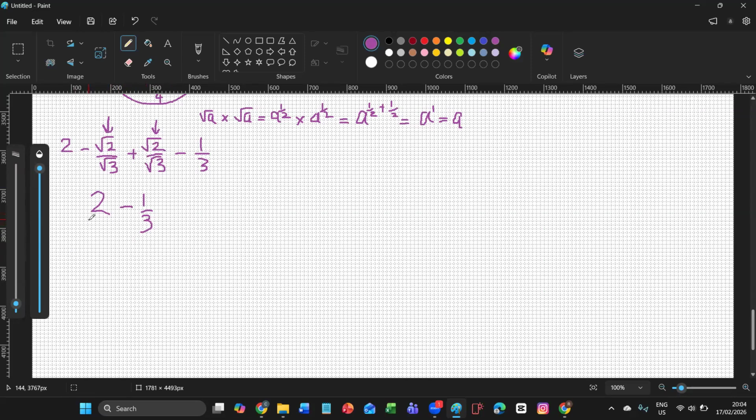I know you are probably thinking of, well, some people will be thinking about taking the LCM, and doing stuff like that. 1 in 3, 3 times 2, 6. 3 in 3, 1. 1 times 1, 1. 6 minus 1 is 5 over 3, which will leave me with 3 in 5.